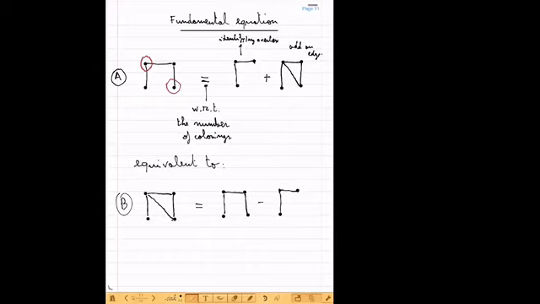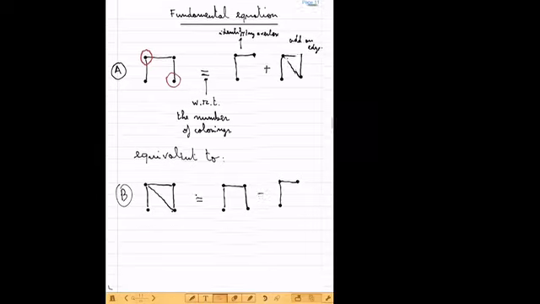So I can apply this formula, or this correspondence between colorings, either by following the procedure in A or in B. And it makes a difference, as we are going to show.